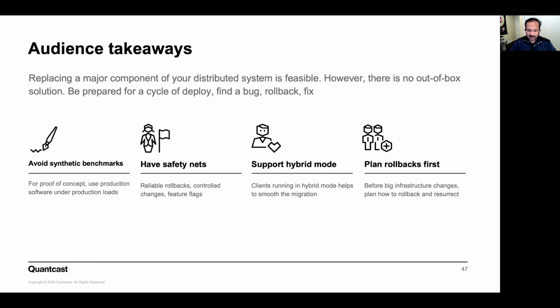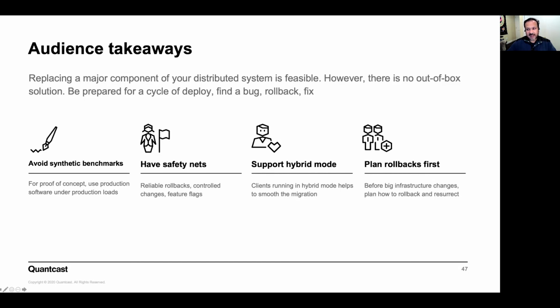Feature flags definitely make it faster to deploy and roll back a change. If you can support hybrid mode, and by that I mean if you can support both the legacy system and the new system, and make sure that your clients get back a consistent response from both systems, you should do that.